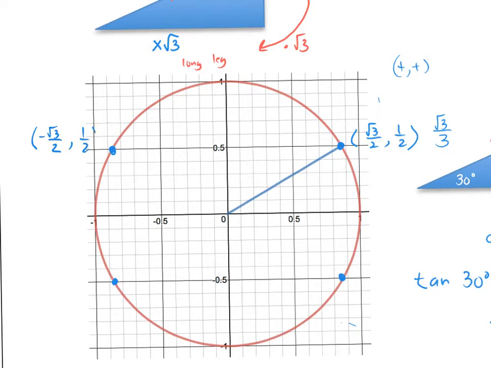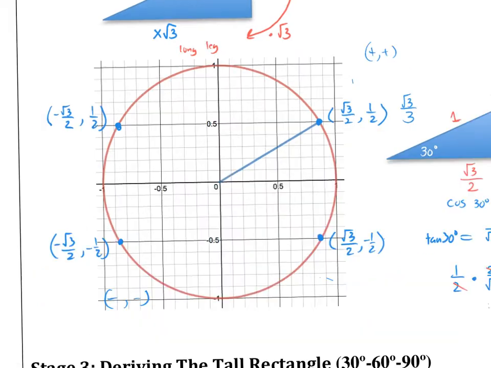And my sine, the altitude, stays the same, 1/2. Down here at a negative, negative, both of those have to be changed. So radical 3 over 2 and negative 1/2 is the point there. And lastly, the x stays the same, but the y has changed there.